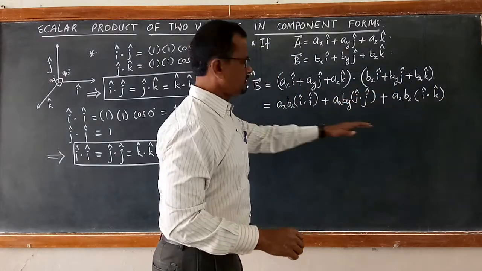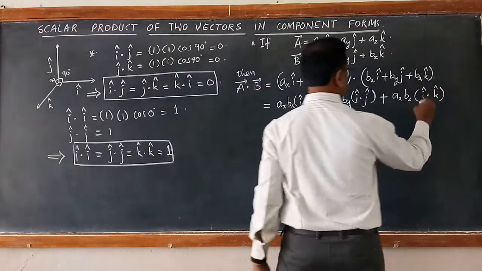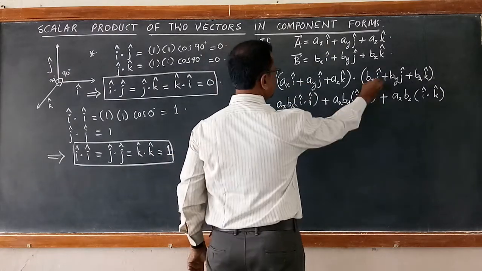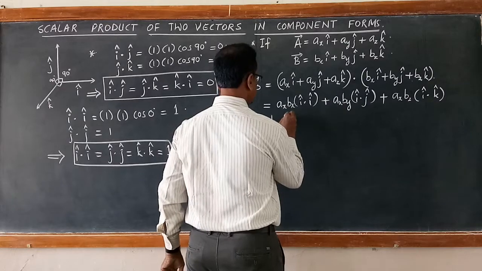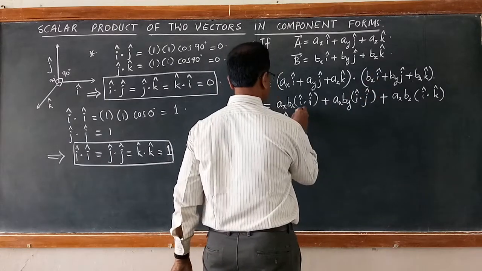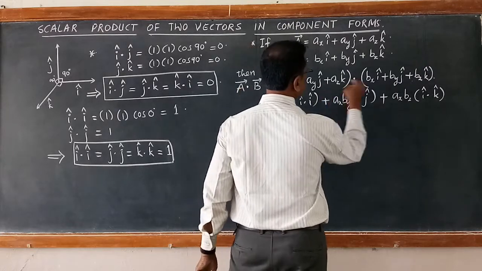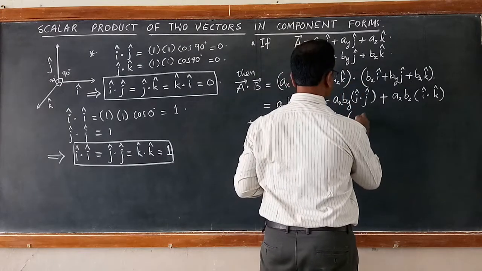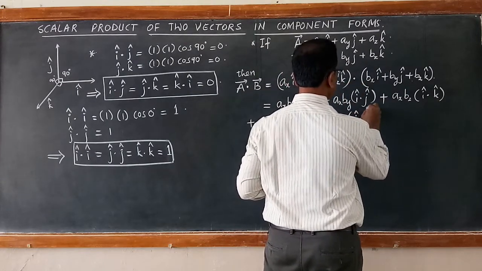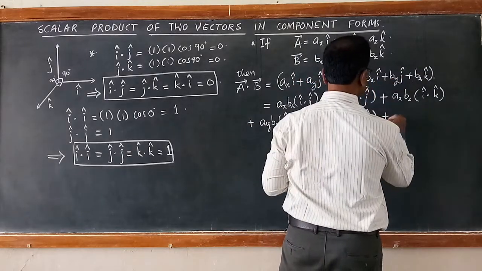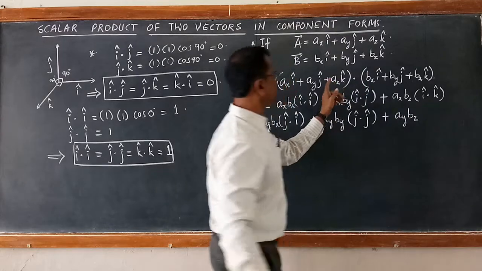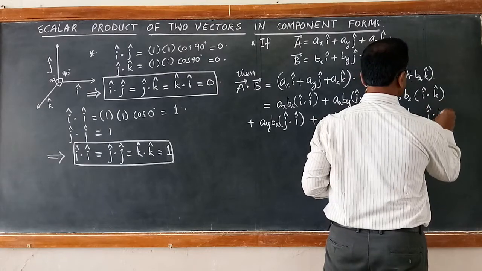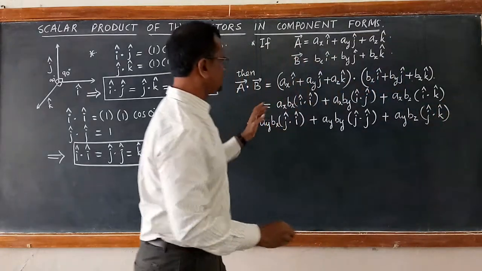So like this you will have 3 3s are 9 terms. Plus, start with AY BX j dot i plus AY BY j dot j plus AY BZ j dot k, plus the last one.